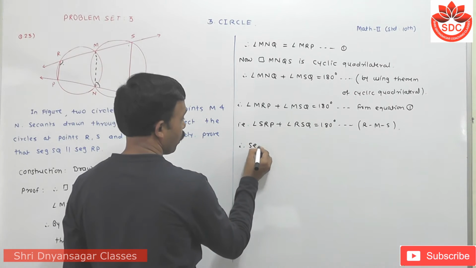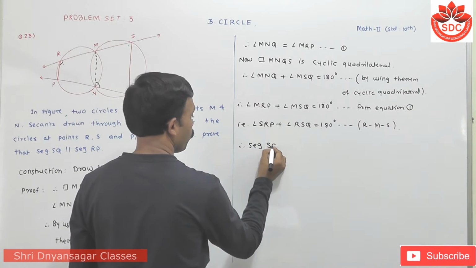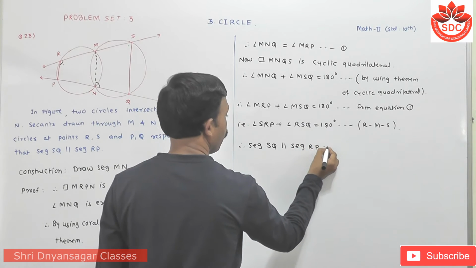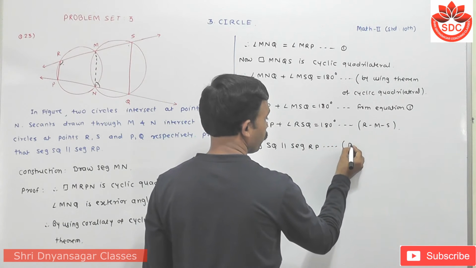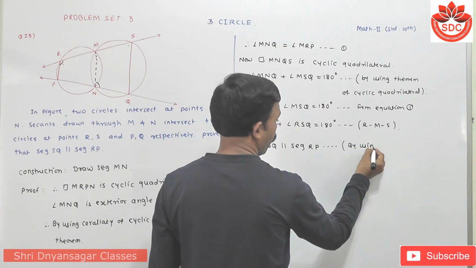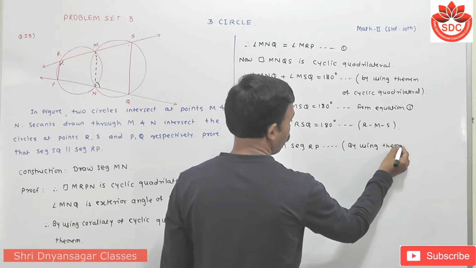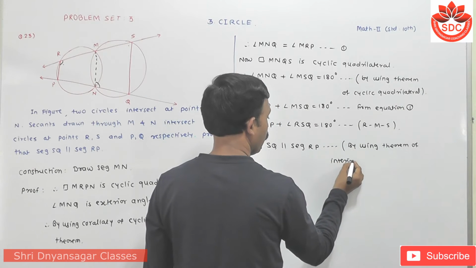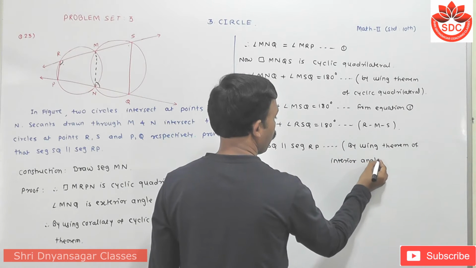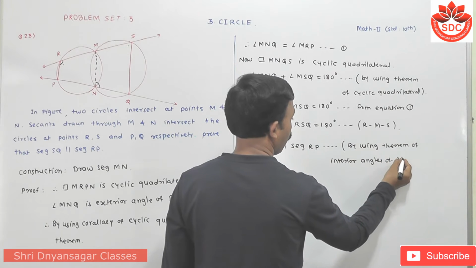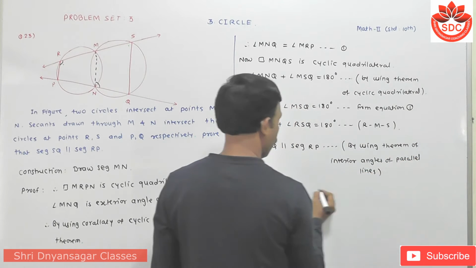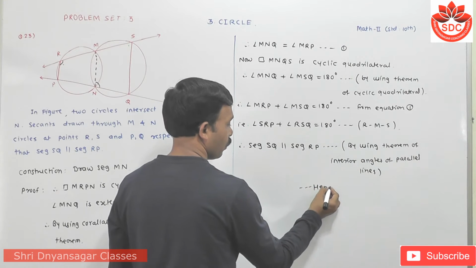Therefore, segment S cube is parallel with segment RP by using the theorem of interior angles of parallel lines, and hence it is true.